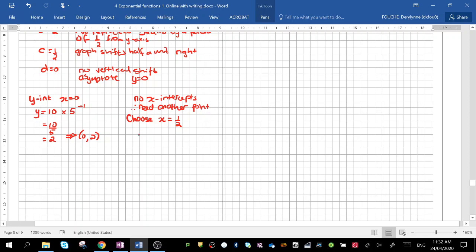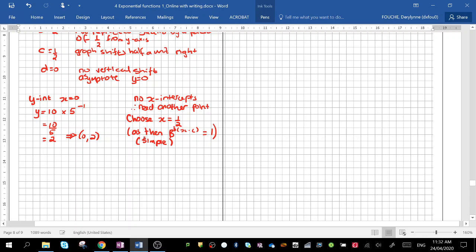Okay, and then let's have a look. When x equals a half, should we put a little note about that? As then b to the b x minus c will equal 1. Okay, and that just keeps things simple. So you can make yourself a little note there.